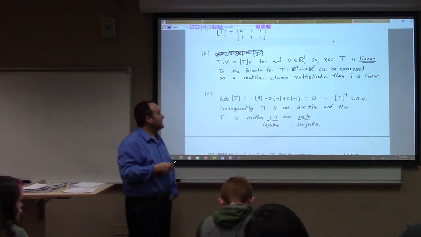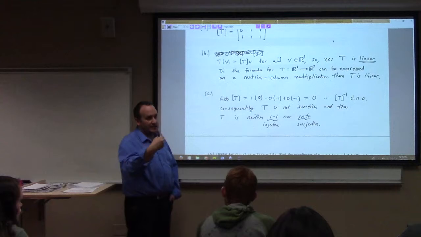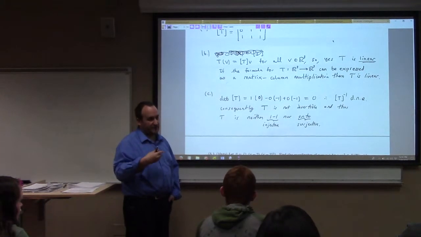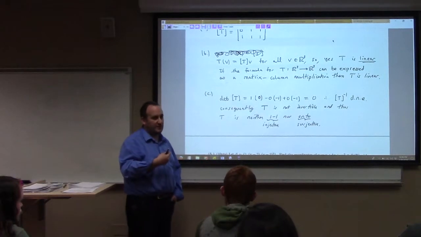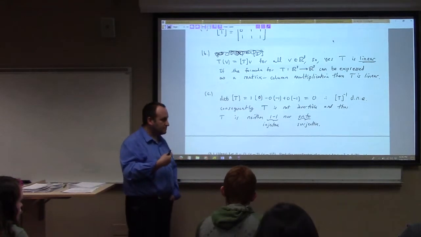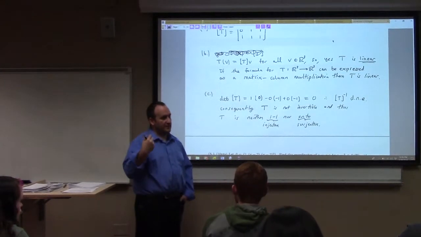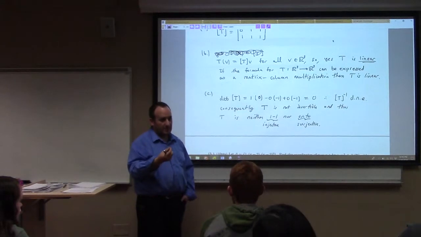Part C gets more interesting when the domain and the codomain for the transformation don't have the same size. Then you actually have to think through it. Is it onto? Is it one-to-one? How do we check if a linear transformation is one-to-one? Look at the kernel. If the kernel is 0, the linear transformation is one-to-one.